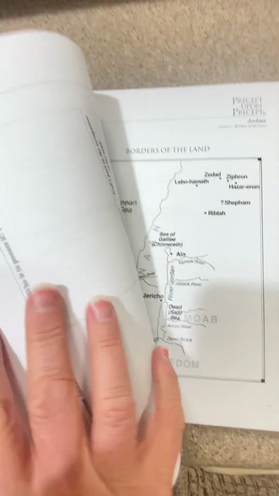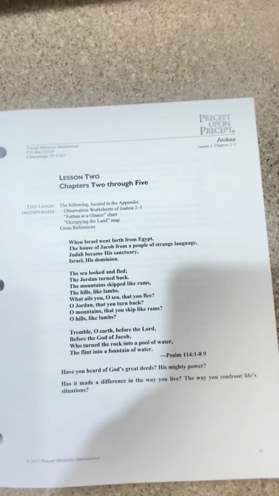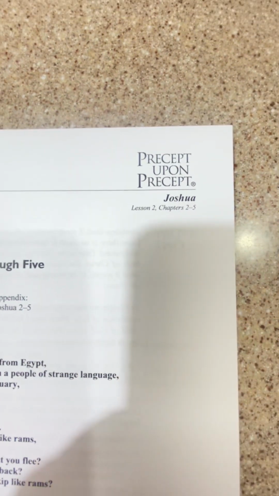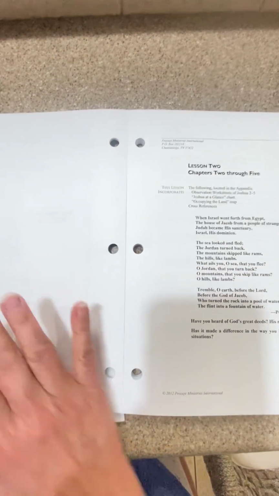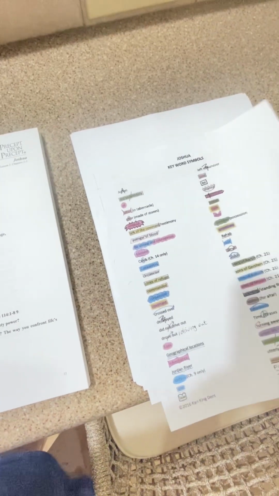It's going to include a map. So all of this you're going to tear out. Behind it is lesson 2, and you can see that right up here in the right-hand corner. So you're going to tear lesson 1 out. Behind lesson 1, your packet is going to first have this, and I'll talk about that in a minute.